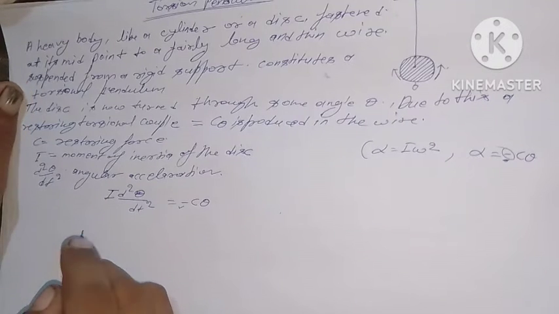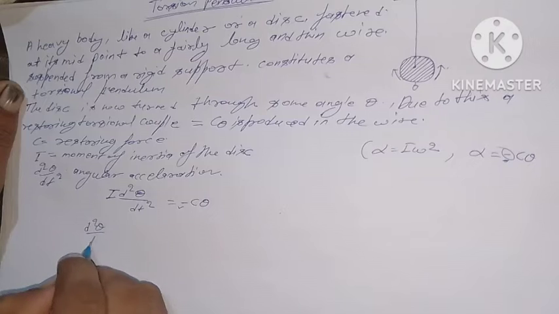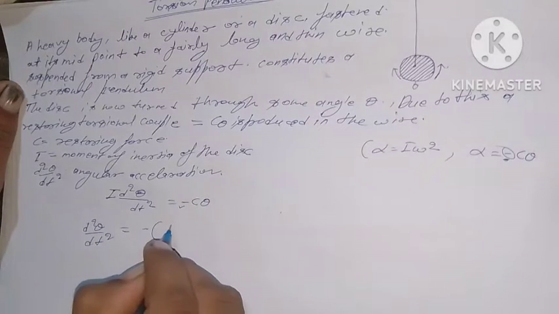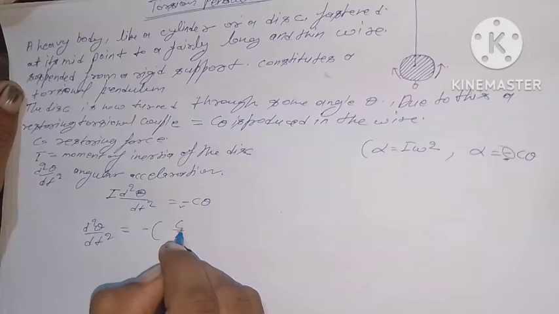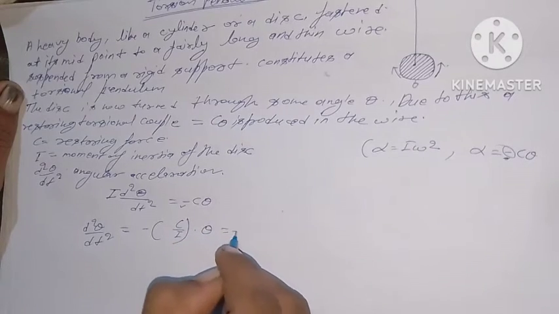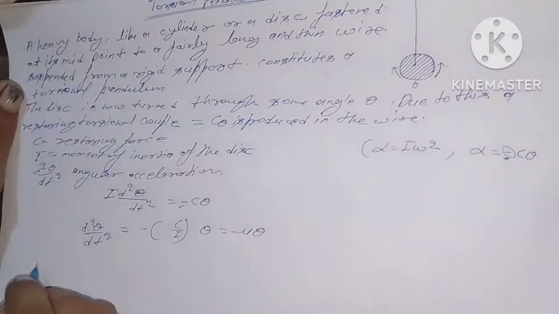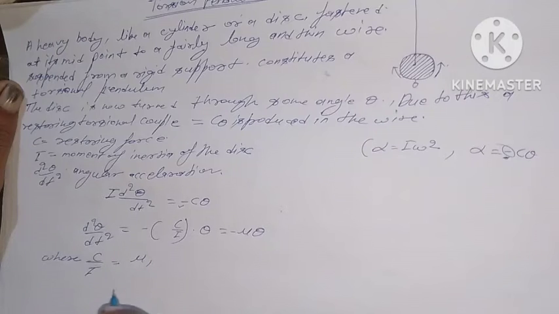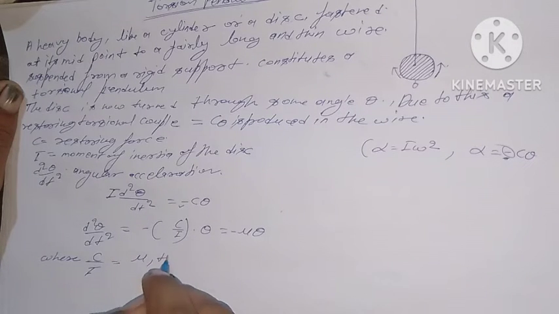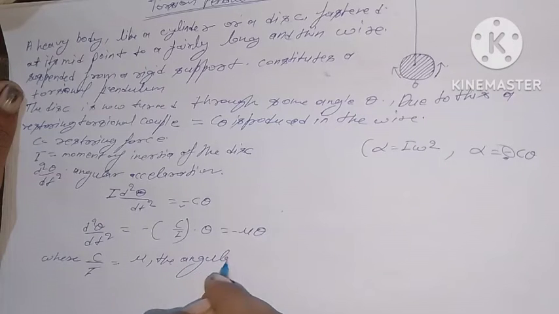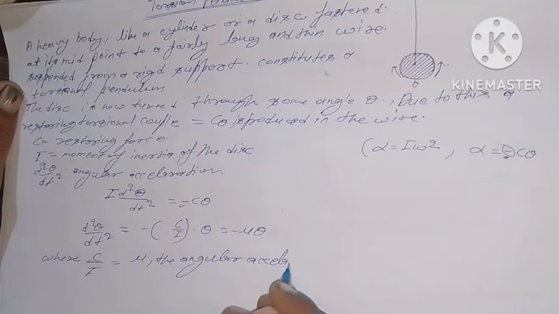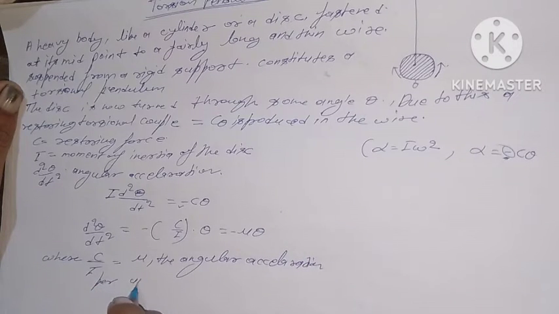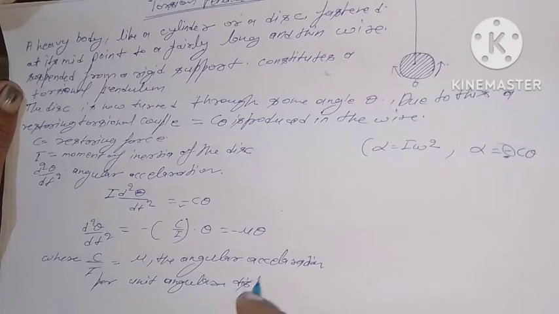Then d square theta upon dt square equals minus C upon I into theta, equal to minus mu theta, where C upon I equals mu, the angular acceleration per unit angular displacement.